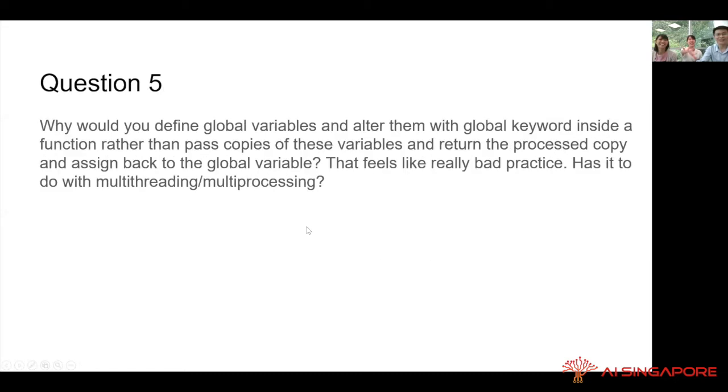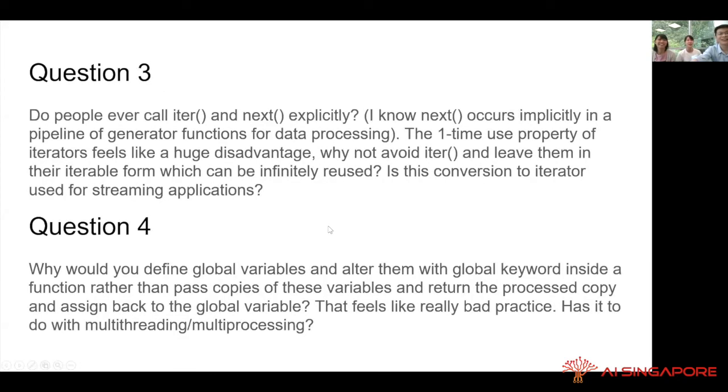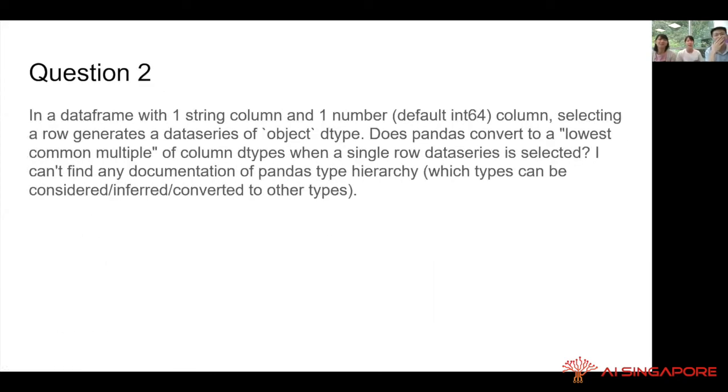Okay, that's good. So there's actually a second part to question 2. Question 2 also asks, is there something like a lowest common multiple of column data types? I suppose by lowest common multiple, I take it to mean is there like a default or more primitive kind of data type?